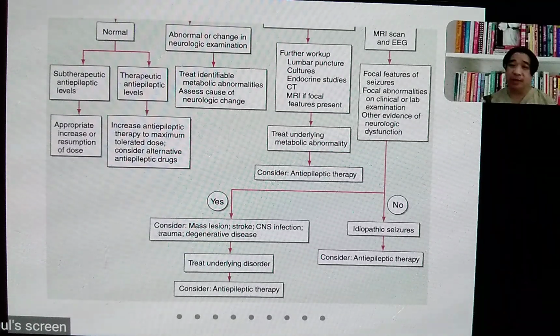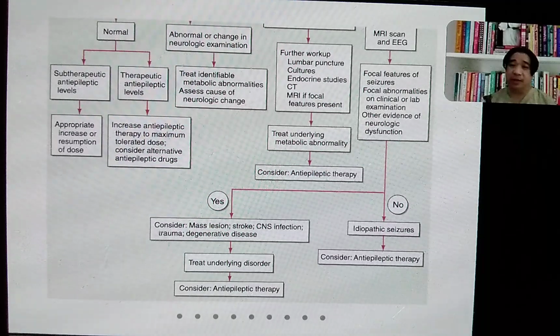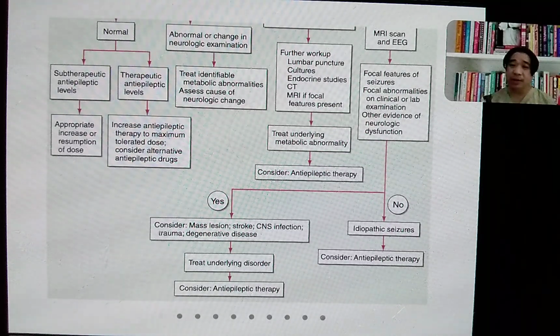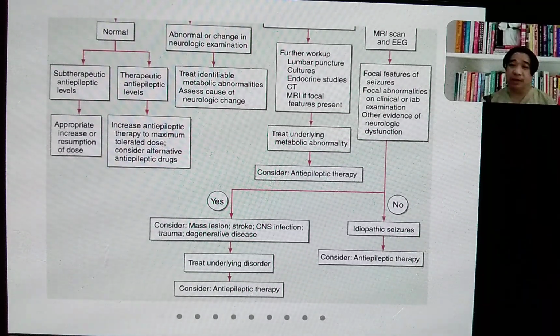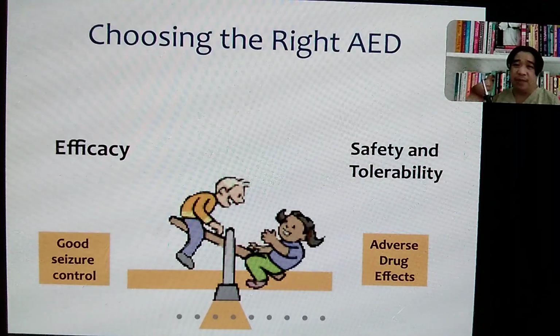If there are signs of increased ICP, such as altered sensorium, cranial nerve deficits, papilledema, posturing, decorticate, decerebrate, do not do the lumbar tap. Your patient might herniate.